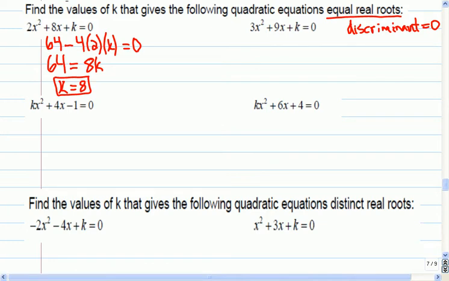Okay, so see if you can figure out how to find the values of k in here that will give us equal roots by working backwards with the discriminant.